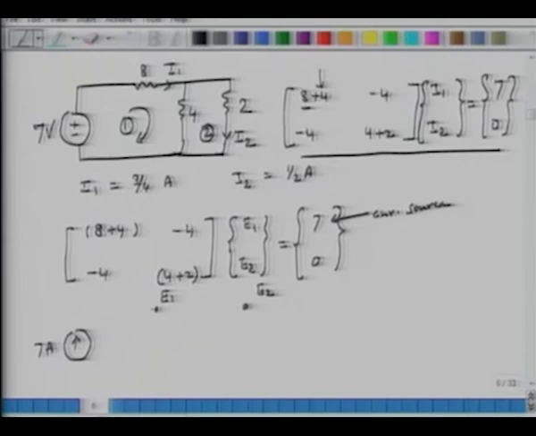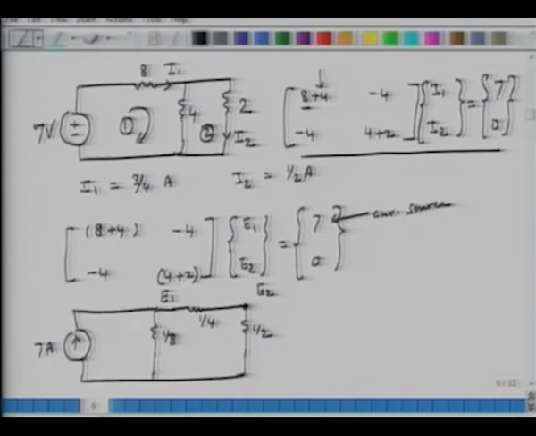A 1 over 4 ohm resistance. The other elements are for 4 and 2, so 1 over 2. And on the first node I have 2 elements, each of impedance 1 over 8 and 1 over 4. So that is my equivalent circuit.